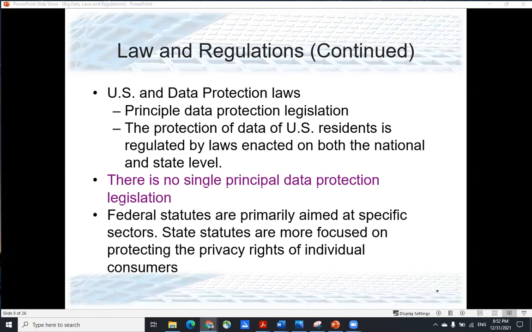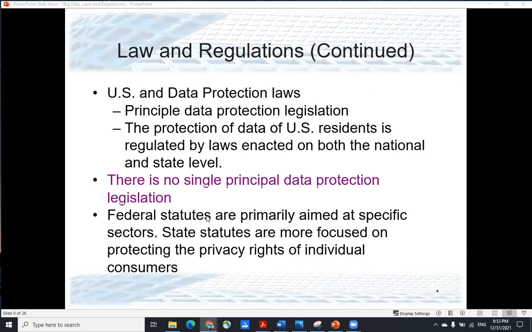Again, there's no general federal legislation that deals with everything, like one particular legislation, but there are multiple federal data protection laws, and they are sector specific. So you have the FTC, the healthcare laws, HIPAA, and then you also have the Video Privacy Protection Act, and so on and so forth.